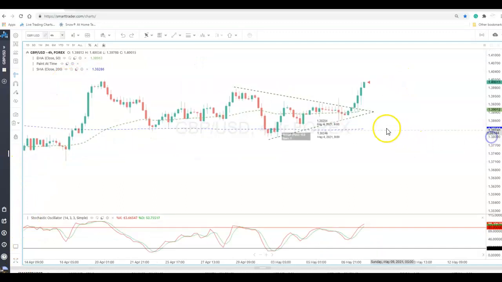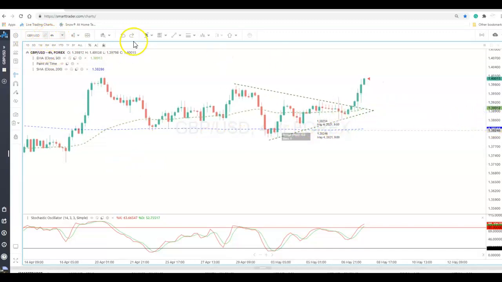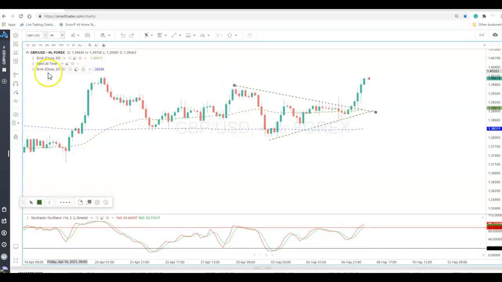Here is another symmetrical triangle, this time on the pound USD. And the entry is, again, we're using a 4-hour chart. When price closes above the trend line, we enter a trade, and we're going to target the number of pips from this swing high to this swing low.